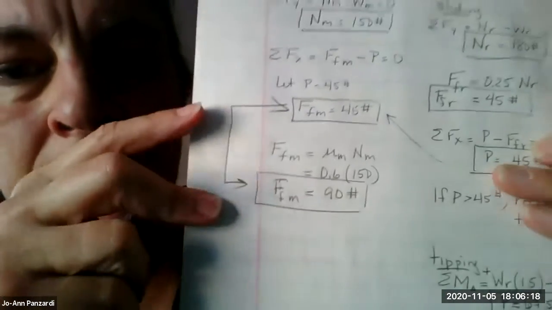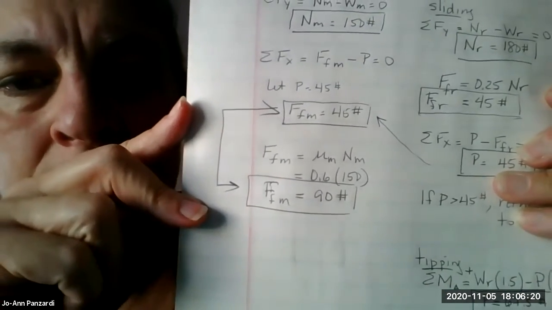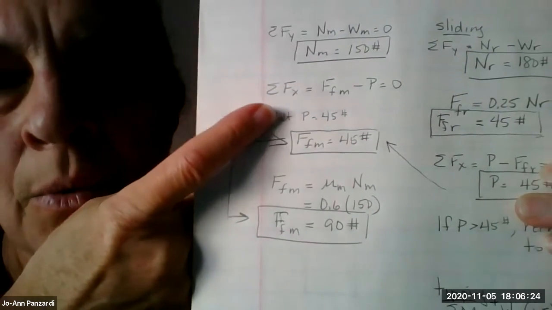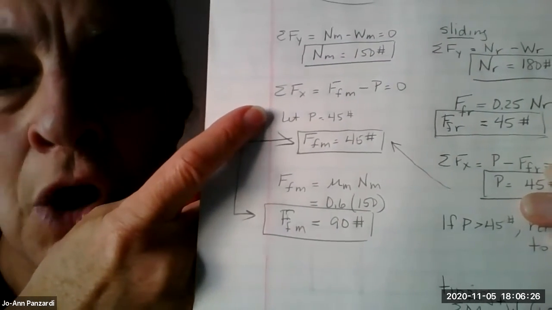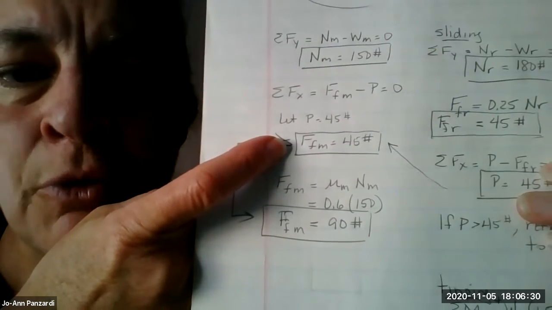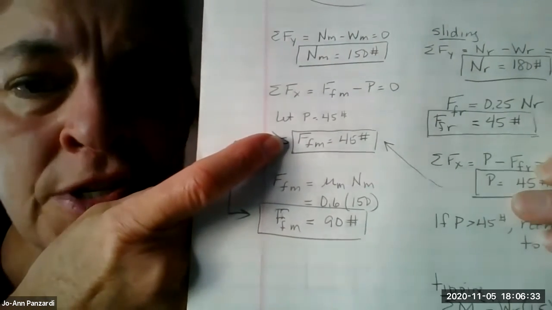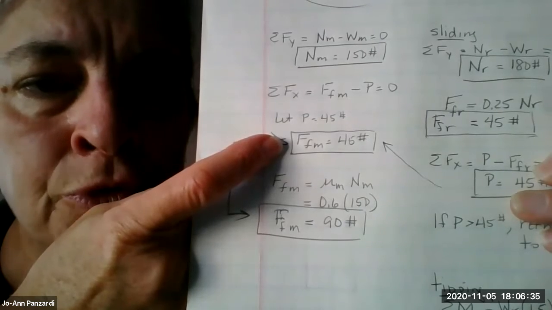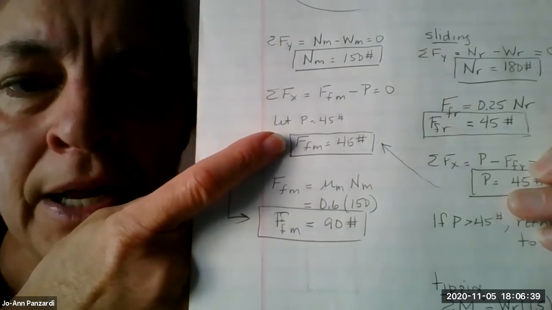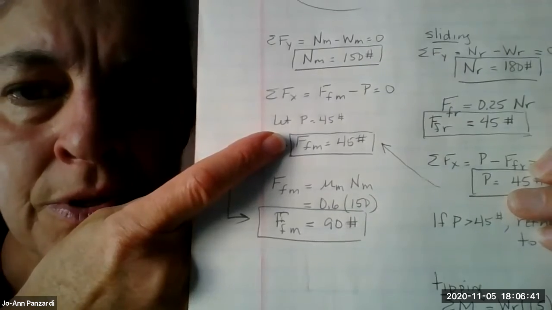So what I did is I calculated the frictional force in two ways. One, I did the sum of the forces in the X with the force of P, and I got a frictional force of 45, which means the force between the man and the ground when he's putting a force of P on it is 45 pounds.